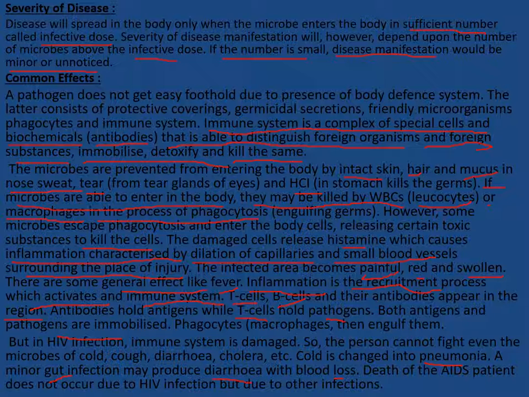Death of AIDS patients does not occur due to the HIV infection itself, but due to other infections, like cough, cold, diarrhea, cholera, TB, and pneumonia. Because of these infectious diseases, the HIV patient will die.